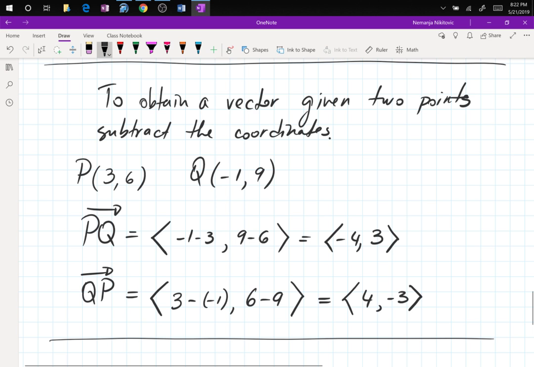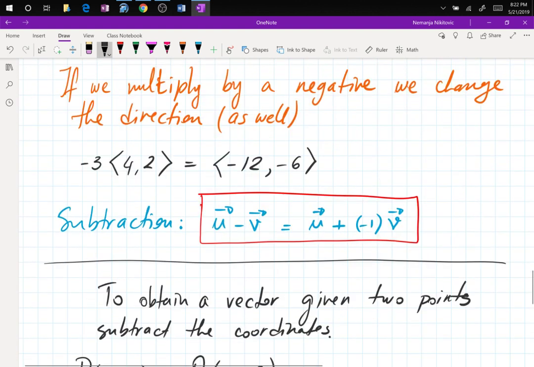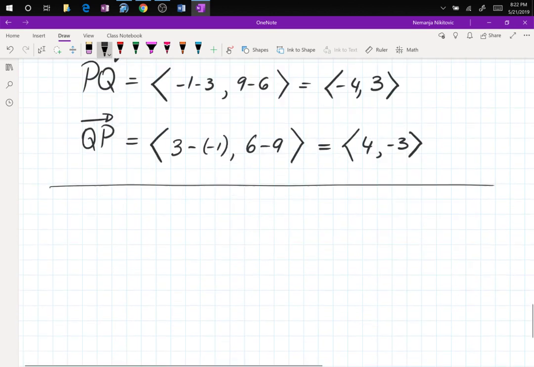So to find a vector given 2 points in space, let's say point P and point Q, you first need to know which way your vector needs to go, whether it's PQ or QP, and then whatever you have, just subtract the coordinates and you are done. Okay, good.